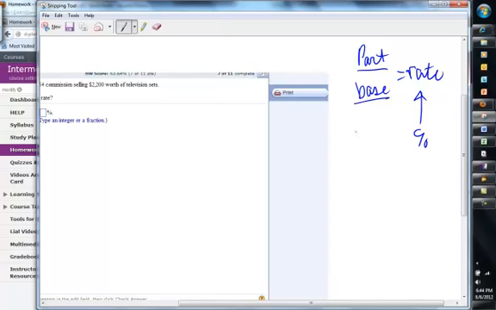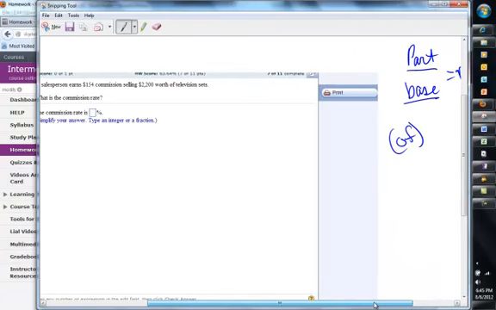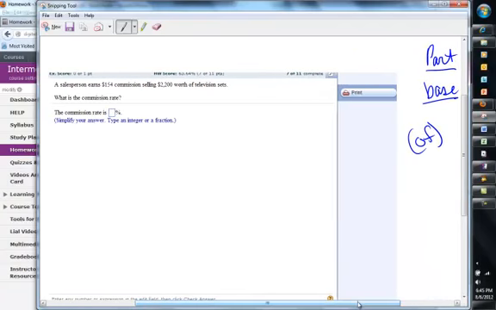The base is usually connected with the word of, okay? And then the part, some people say take the little number divided by the bigger number, but that's not necessarily true, because you could have a bigger numerator than denominator. So we want to know what is the rate, and let's copy down the formula. Part over base equals rate.